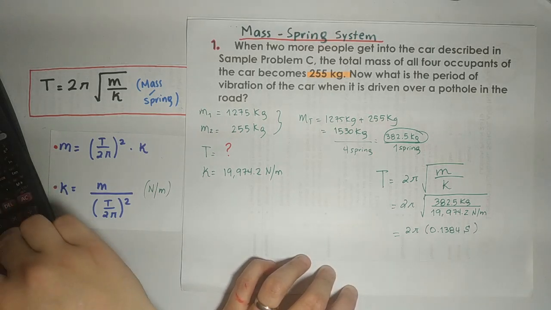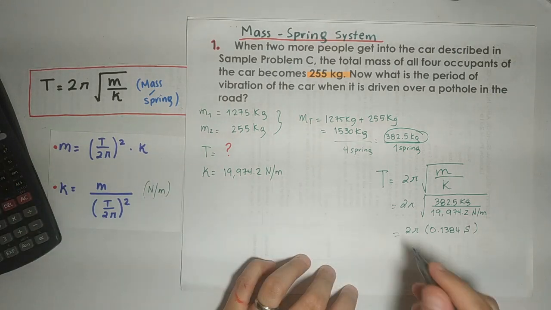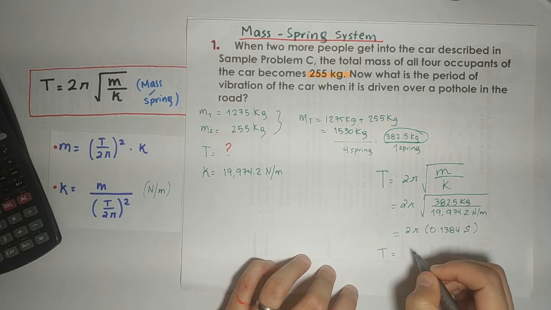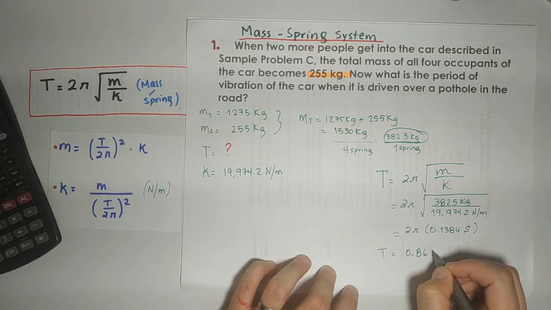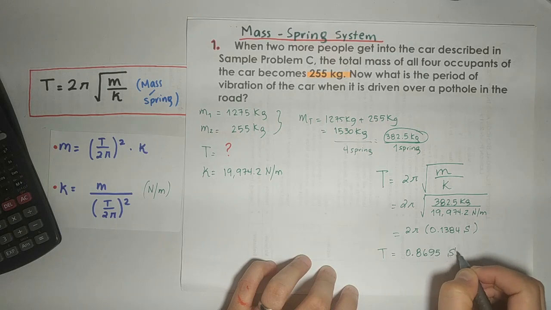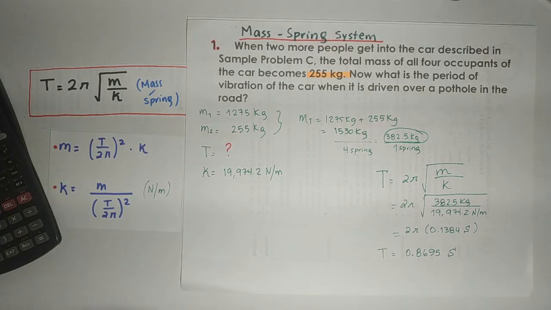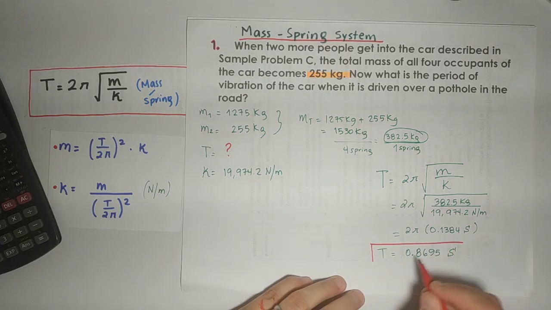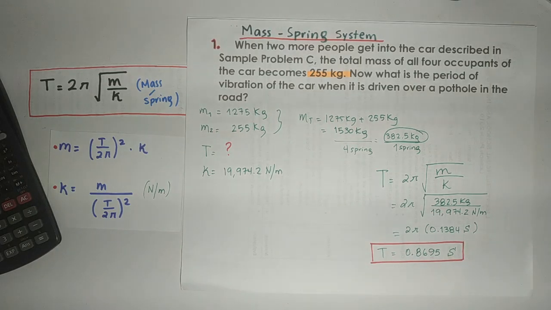Times 2 times 5. Now my period is 0.8695 seconds. And voila, that's it.